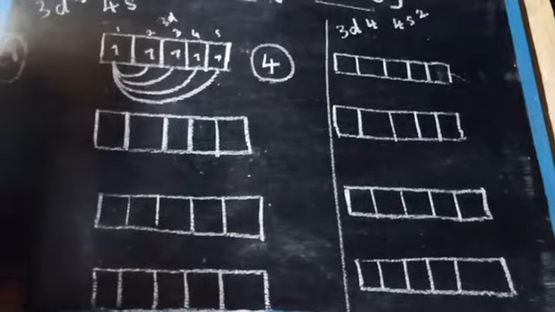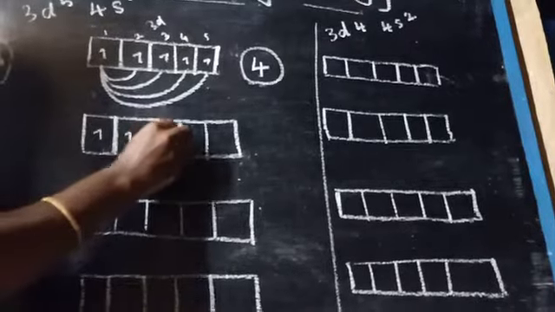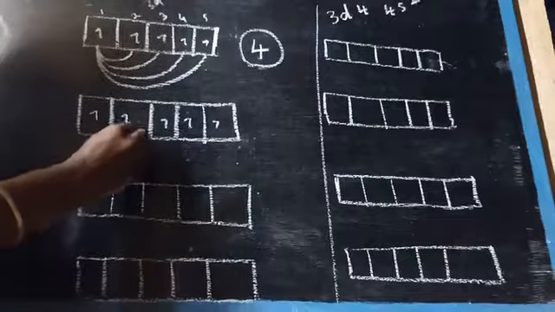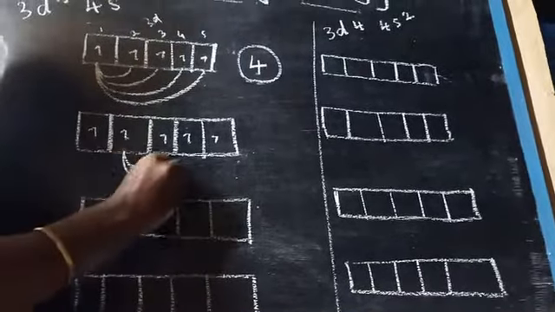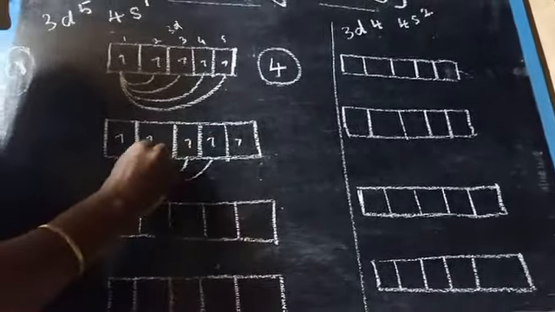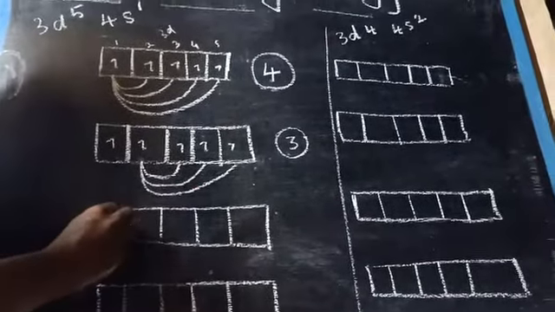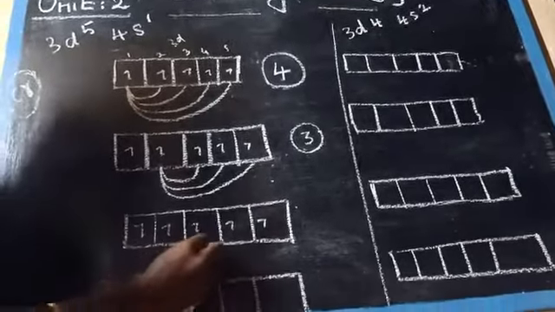Are you clear? In the same way, again 1, 2, 3, 4, 5. Now take the second electron. It moves to the next one, the next one, and the next one. So totally 3 exchanges are possible. Next, once again 1, 2, 3, 4, 5. Now take the third one.